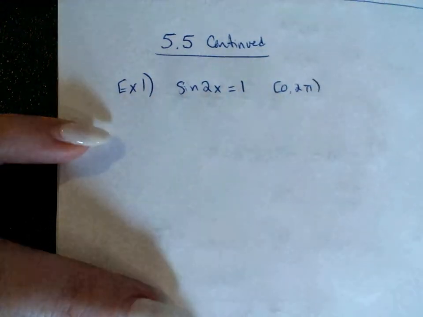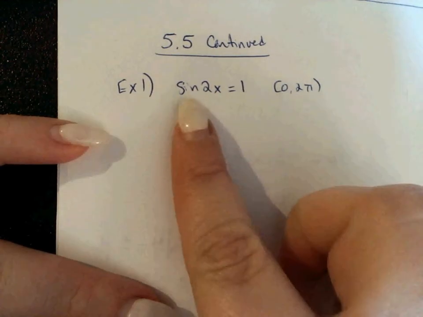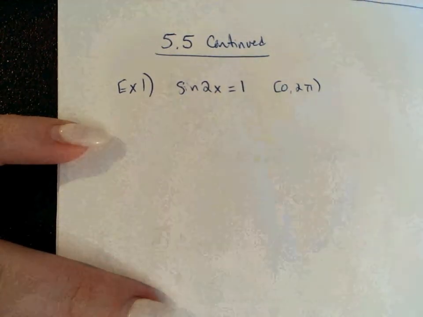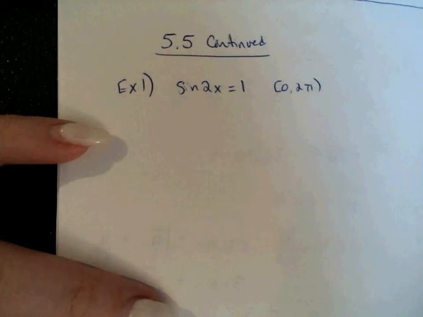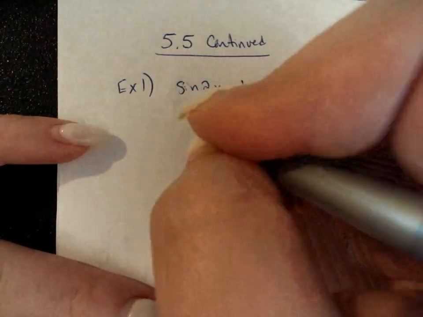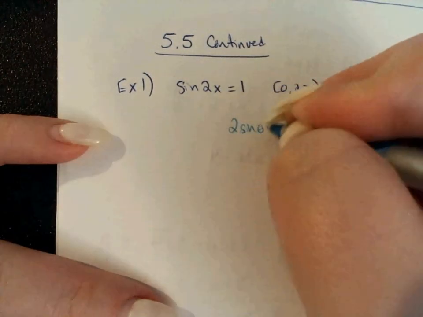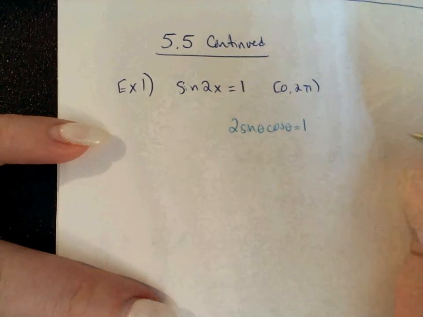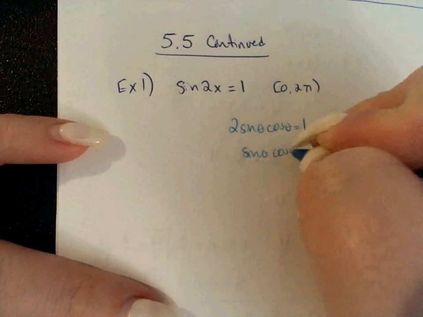You can obviously say the function sine of 2x is 2 sine cosine, but as far as solving that, this one you could actually work out. Sometimes it's not necessarily possible. So I will go ahead and explore the one where you would use 2 sine cosine equals 1. So that's when sine times cosine equals 1/2, after you divide by 2.